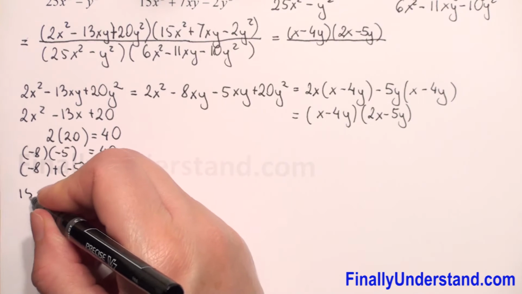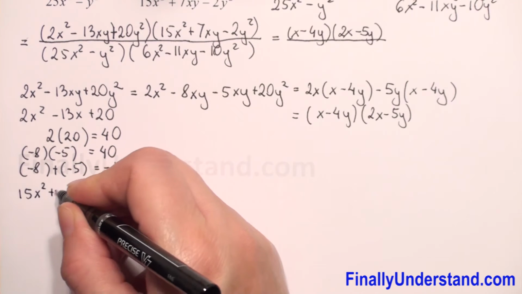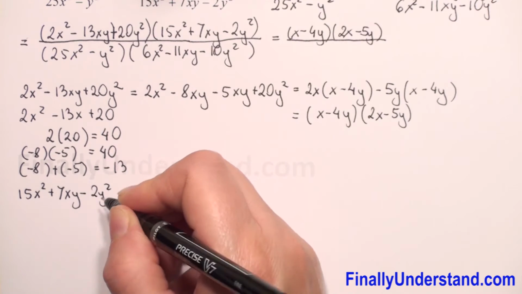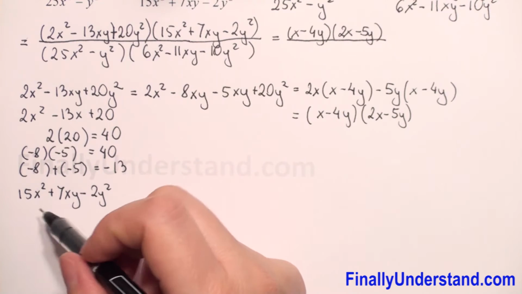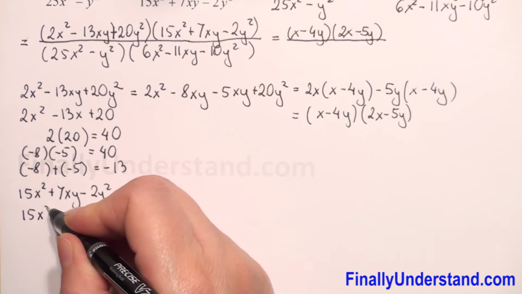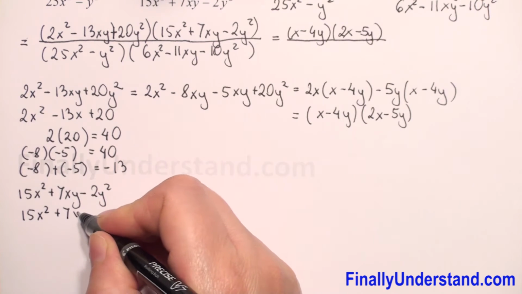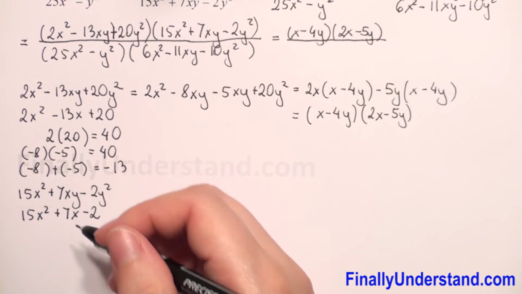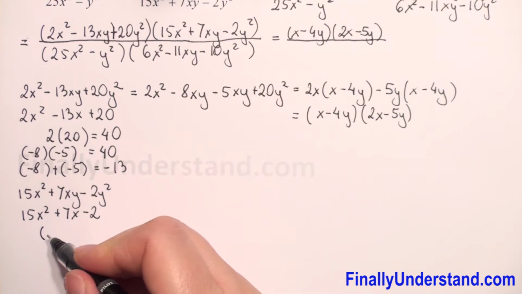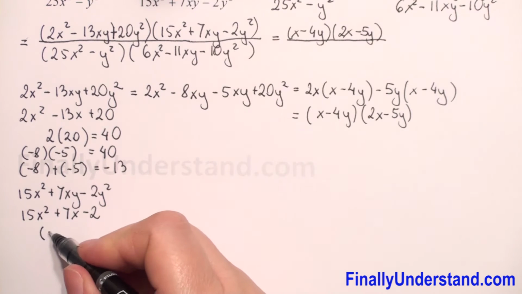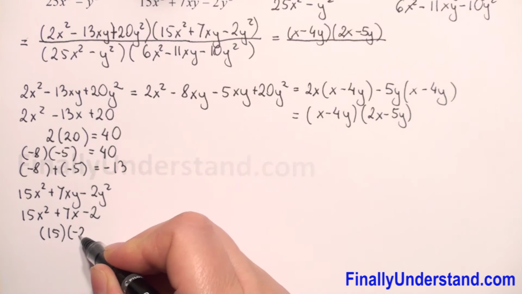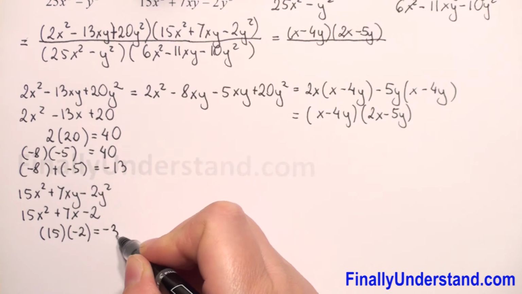The same we have to do with the second parenthesis, so let me copy this expression. We have 15x squared plus 7xy minus 2y squared. Again, at the beginning, let's forget about y's, so it will be 15x squared plus 7x minus 2. Because before x squared we have 15, first we have to multiply 15 times the constant, so this is negative 2, so this is negative 30.